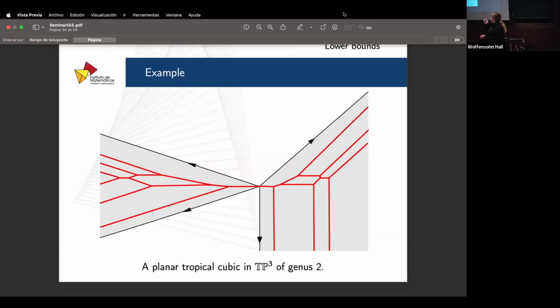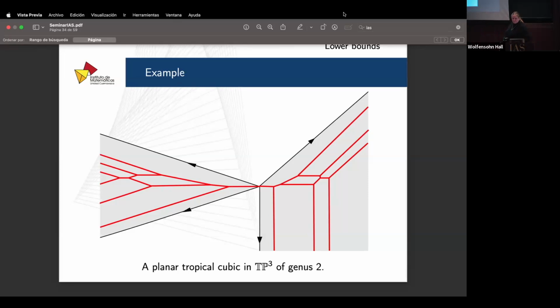And in the case of curves, for example, we can have a very nice general definition: if you have unbounded rays in the standard directions, and the sum of the weights is of this degree. Here, for example, we have 3 unbounded rays in each of the standard directions, all of them of weight 1. Then this is a tropical cubic.